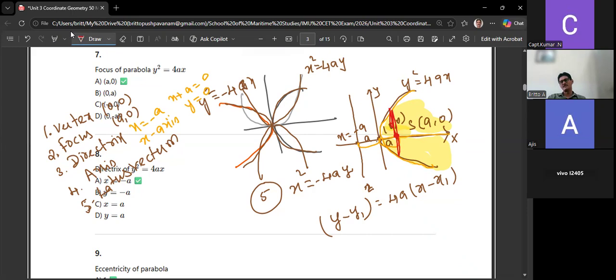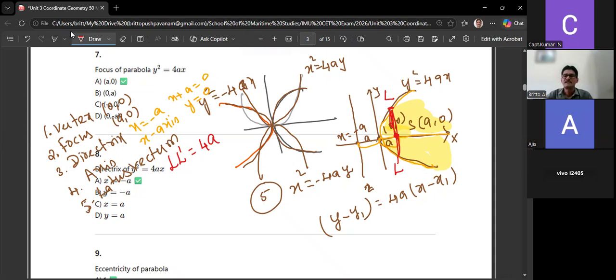The perpendicular distance from one end of the parabola, which we write as L here, to L dash, is called the latus rectum. Here the length of the latus rectum LL dash is equal to 4a. You know what a is? The focus is the point (a, 0), so a is the distance from the origin to the focus point.